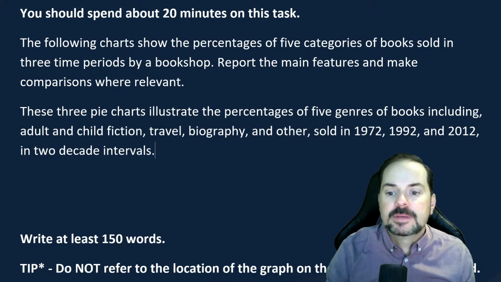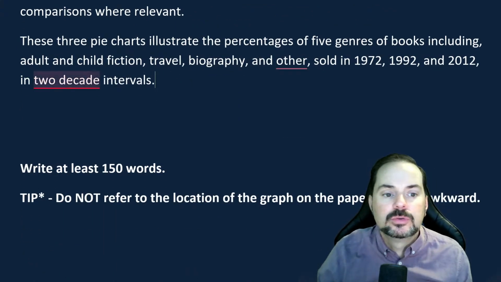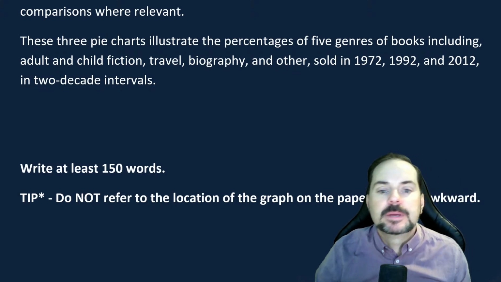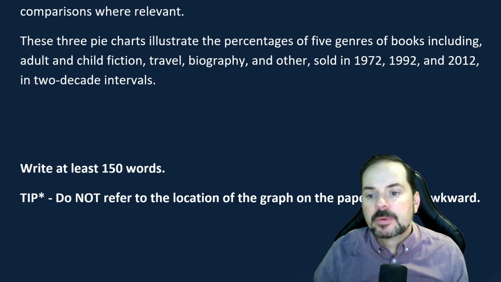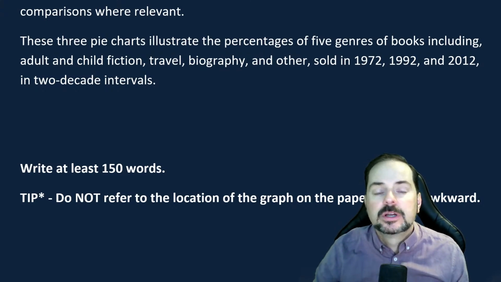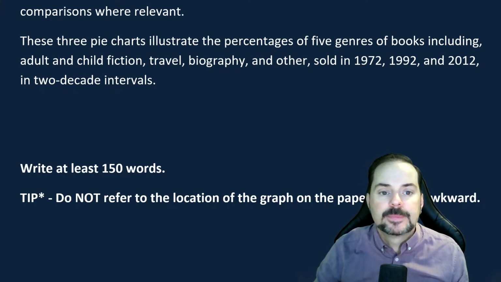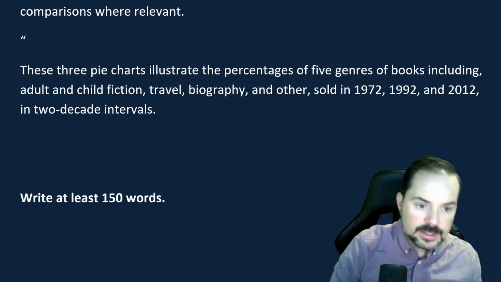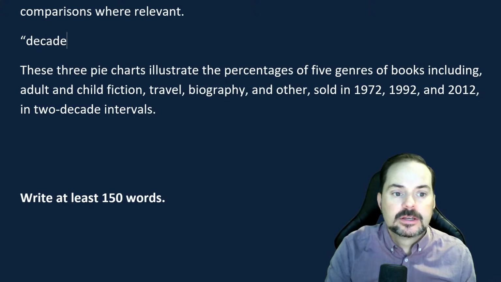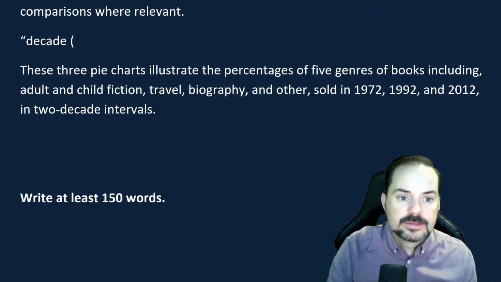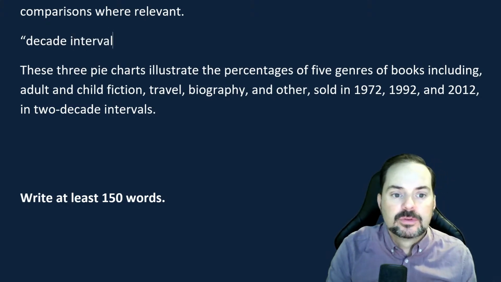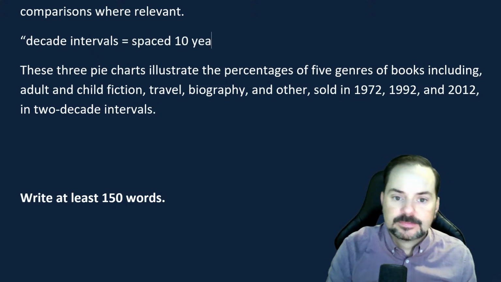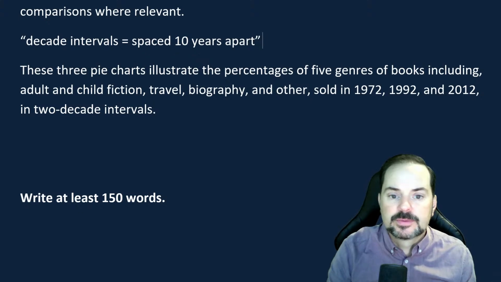This is a nice piece to write here, the 2-decade intervals, because we're telling the reader that we recognize there's 20 years between these. A decade is 10 years. Decade intervals, spaced 10 years apart. That's what that means.